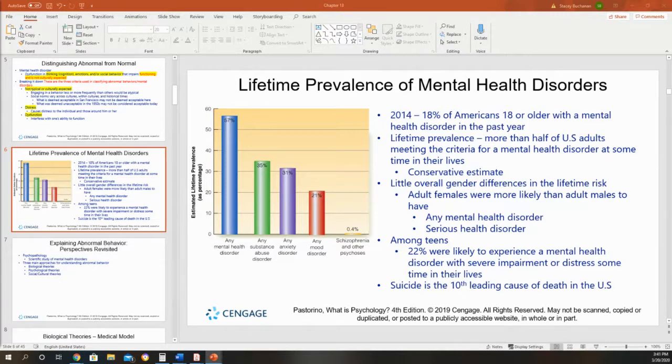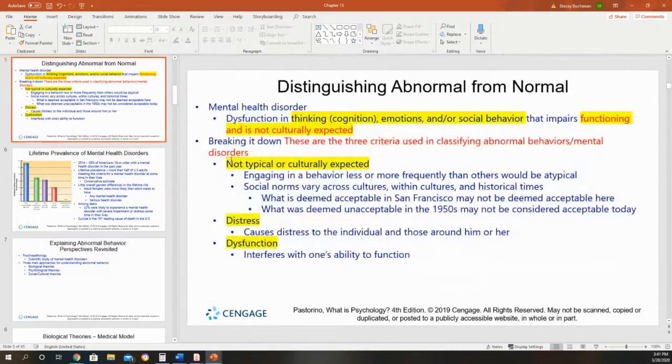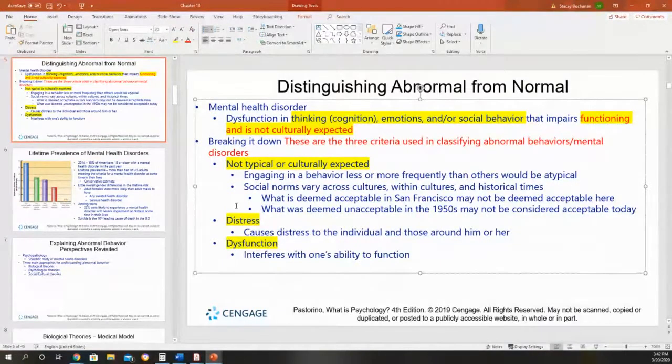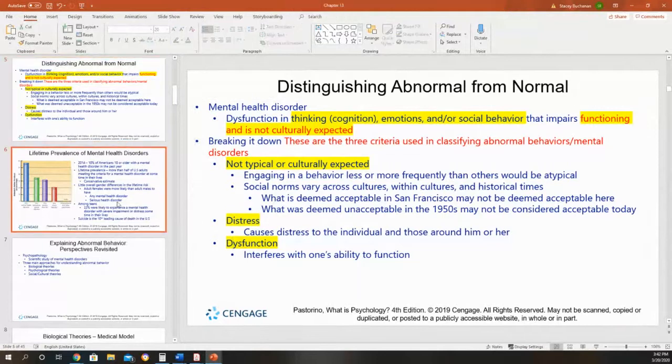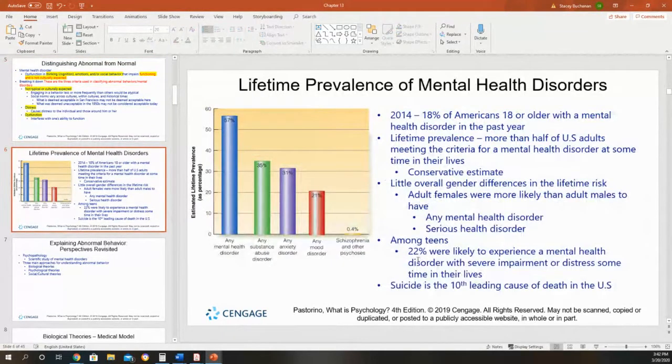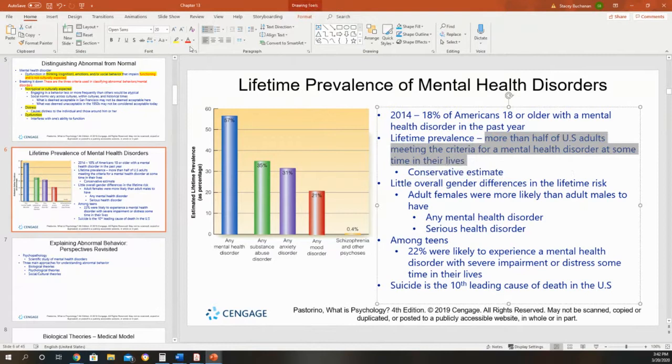Meaning, going back, they hit these three markers: it's not typical behavior or culturally expected, they have distress, and they have some sort of dysfunction. That's not saying that they will be diagnosed with a disorder, but more than half will show the signs of suffering from a mental disorder sometime in their life.